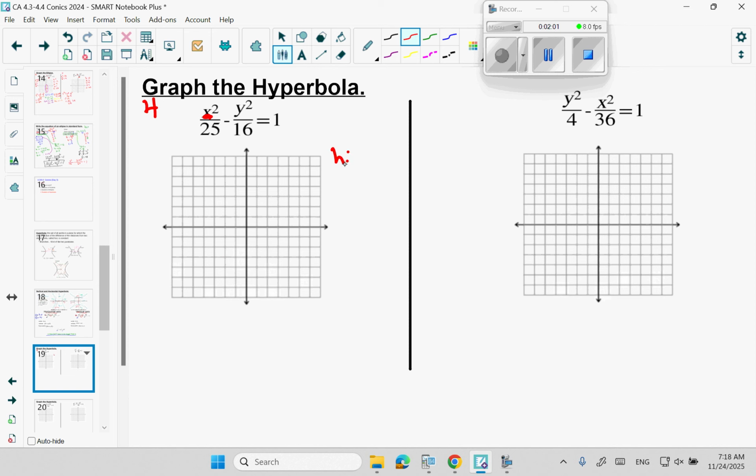So h, what am I taking away from x? 0. K, what am I taking away from y? 0. A squared is 25. Therefore, a is 5. B squared equals 16. Therefore, b is 4.